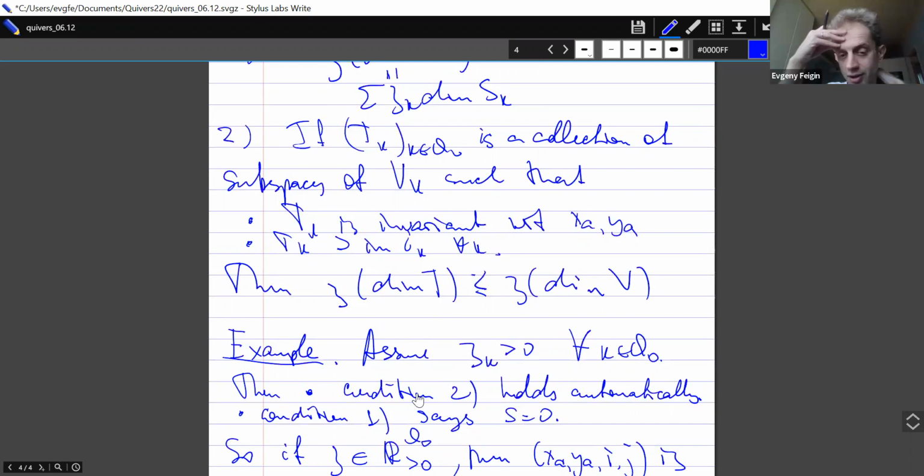So let's see. T is invariant with respect to X, A, and Y. In this sense, T is indeed a sub-representation, but with some extra condition, right? It has to contain the image of the I_k.